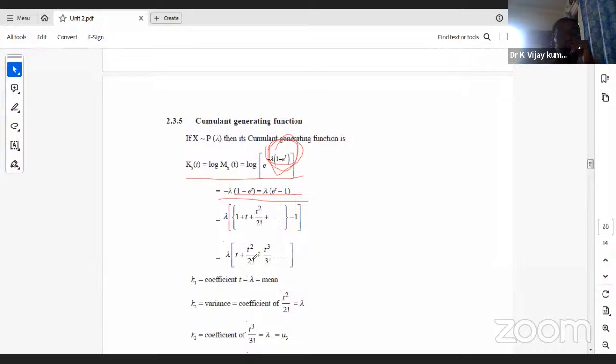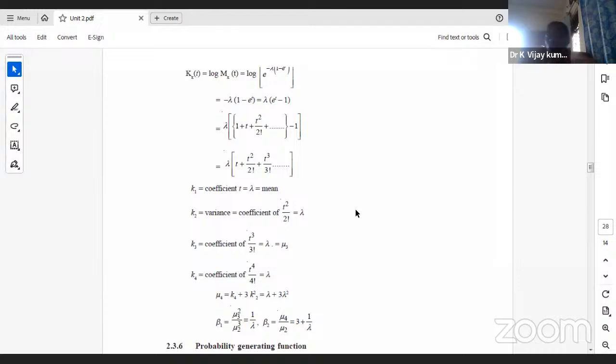So this is lambda times t plus t square by 2 factorial plus t cube by 3 factorial and so on. From the above equation, the coefficient of t is lambda, which is the mean k1. The coefficient of t square by 2 factorial is lambda, k2, the variance. The coefficient of t cube by 3 factorial is lambda, k3, which is mu 3.